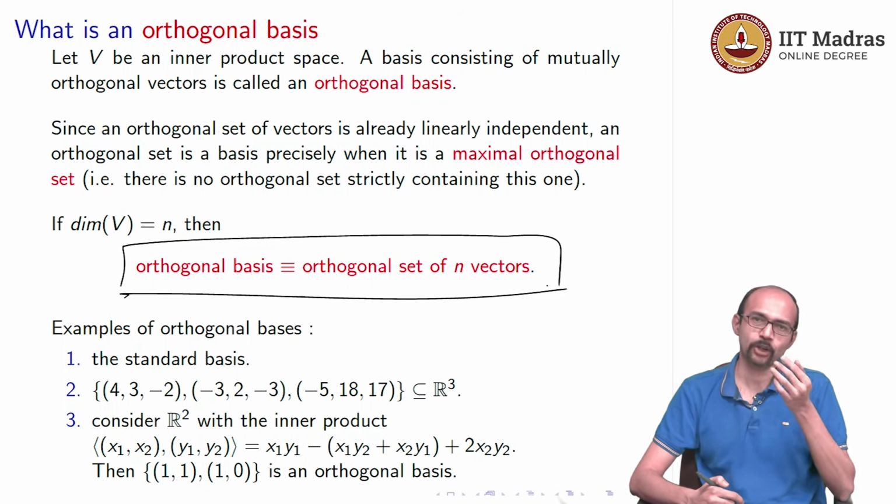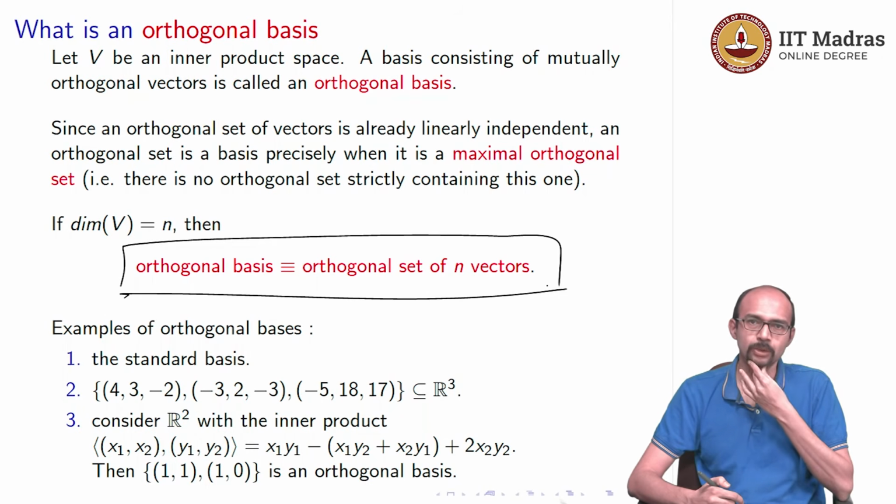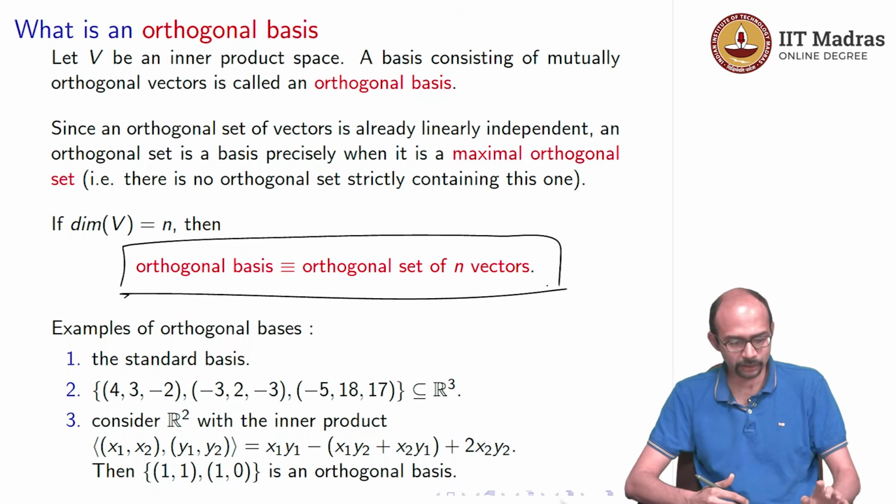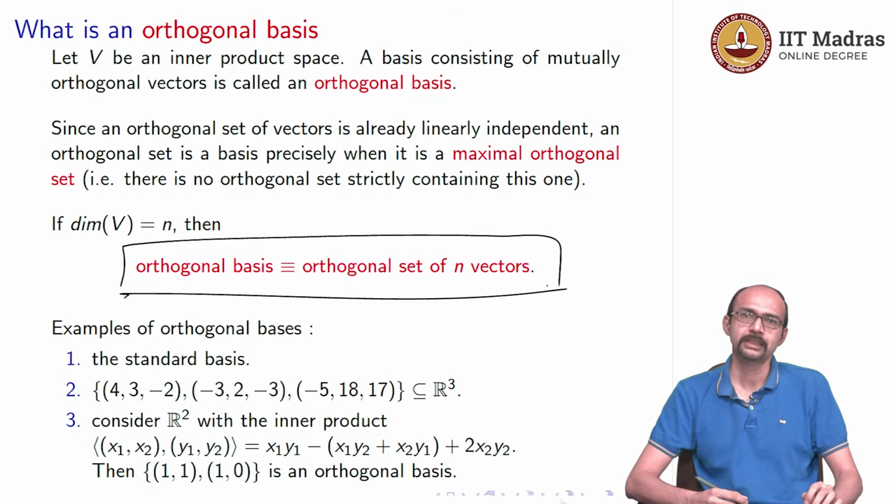So, in general we can talk about the notion of orthogonal vectors for any inner product space, and this is a very useful notion, because if you have an orthogonal set, which means all the vectors are mutually orthogonal, then that set is actually linearly independent. So, now we can check linear independence using the notion of orthogonality.